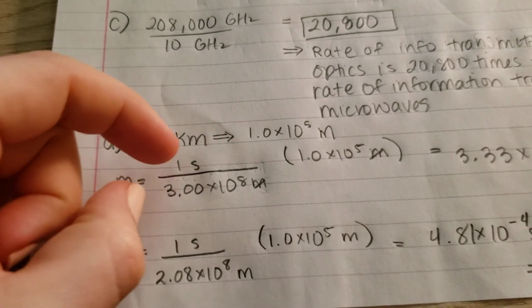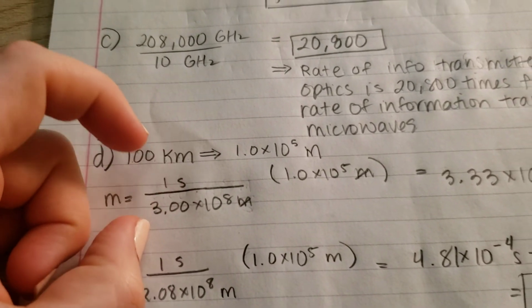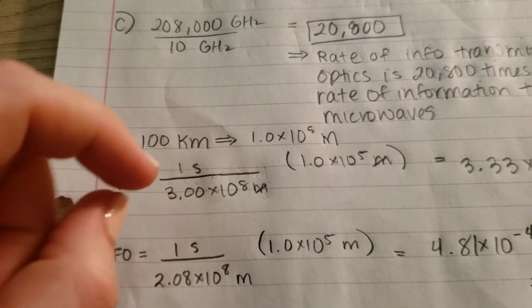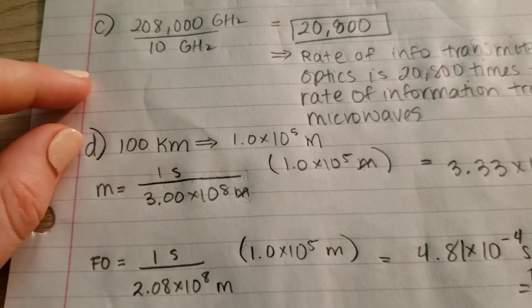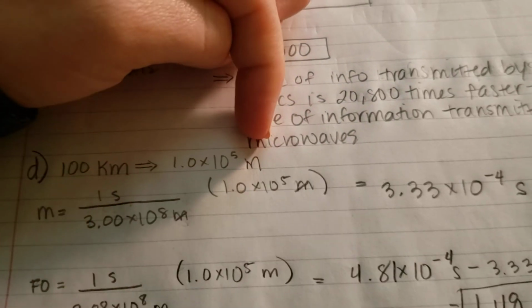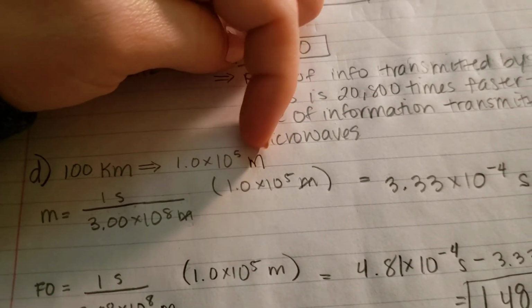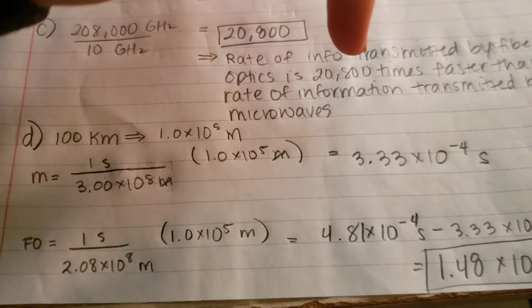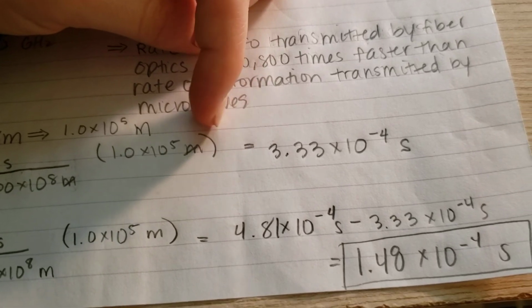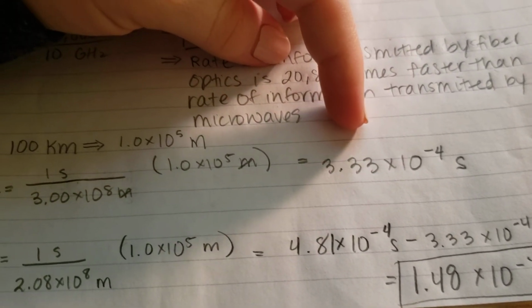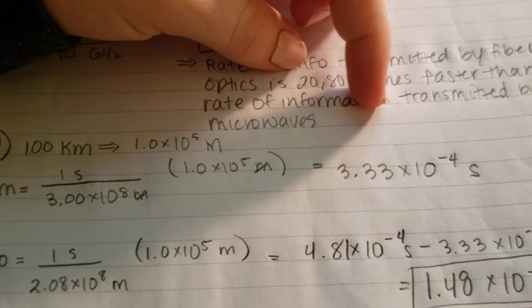For the microwave, we know for every 1 second, the waves move 3.0 times 10 to the 8 meters. And so we just divide our 100 kilometers by that, and we know that it will take 3.33 times 10 to the negative 4 seconds for the microwave to cover 100 kilometers.